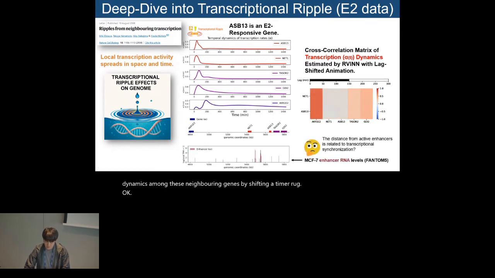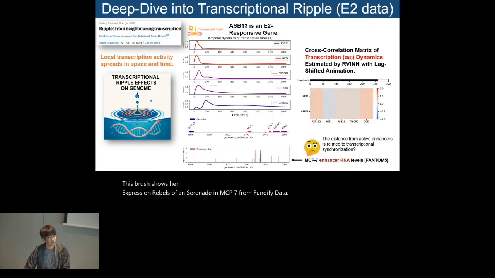We analyzed the putative molecular mechanisms behind this phenomenon, and then we found a relationship with enhancers. This plot shows the expression levels of enhancer RNAs in MCF7 from FANTOM5 data.